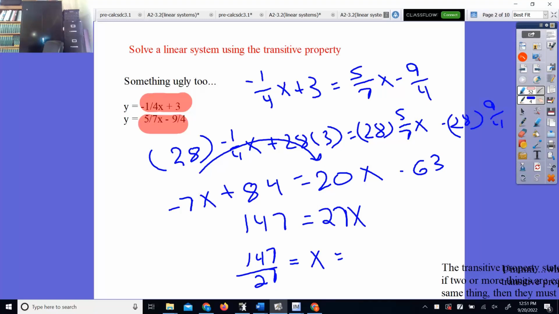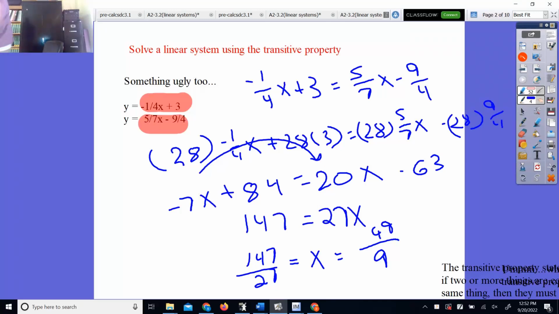What's 27 divided by 3? 9. 27 was divisible by 3, and I'm betting 147 is too. 3 times 50, 150. Awfully close. So it's 49. You guys were taught that once upon a time, find your close multiples. Work backwards. 49 ninths, which does not reduce any further.